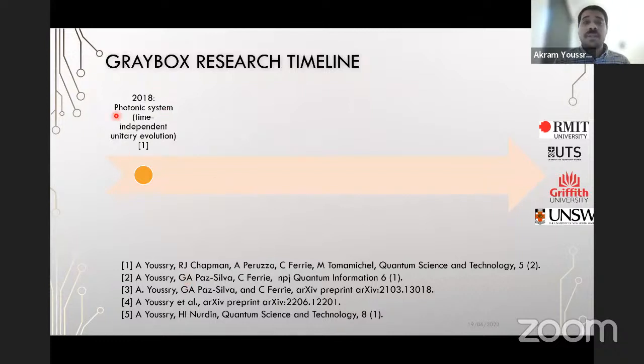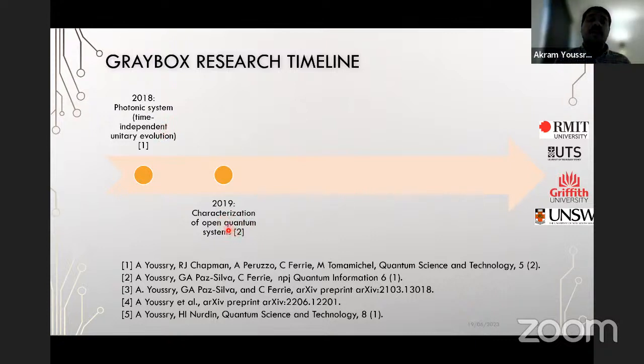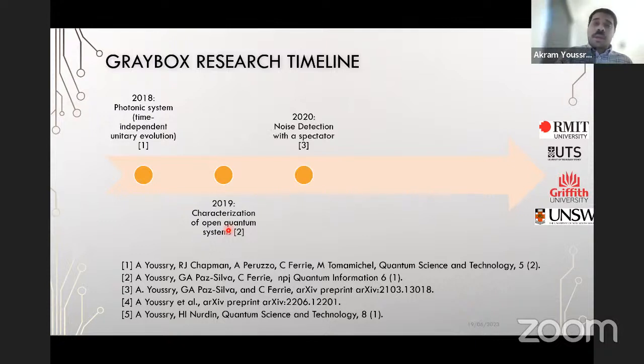So this was our start in this research, and then later we generalized the proposal to open quantum systems. When you have a system that is affected by noise, we extended this to an architecture called a spectator architecture.